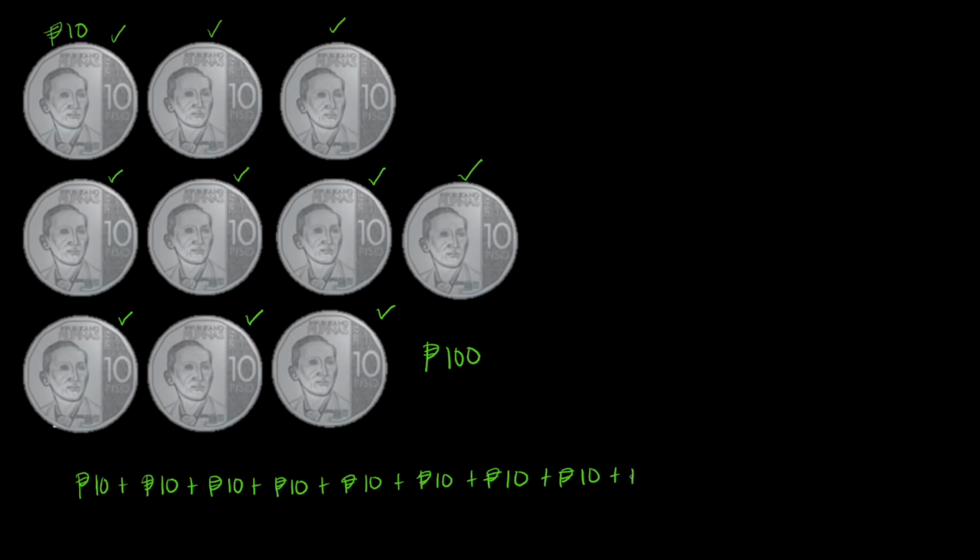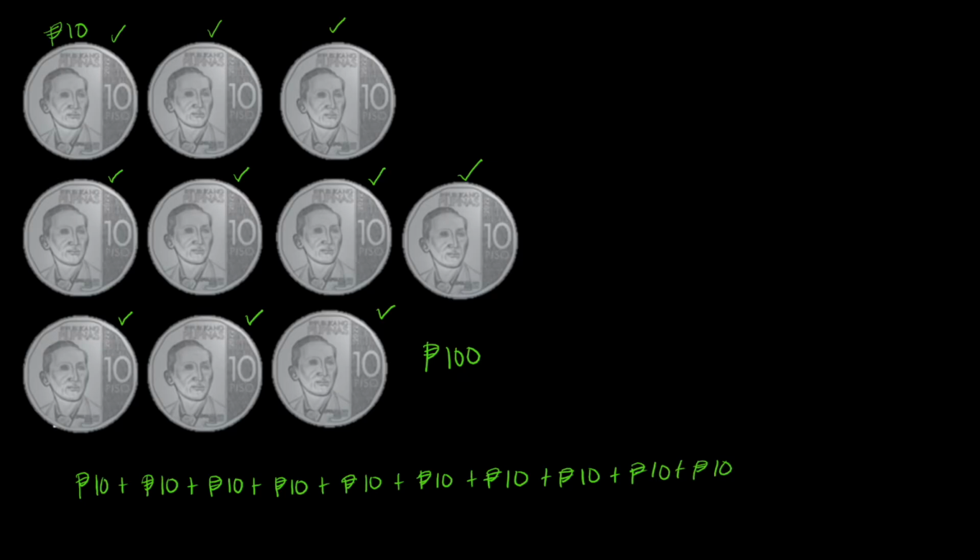We have 100 pesos. We can also think of it as 10 pesos plus 10 pesos plus 10 pesos plus 10 pesos plus 10 pesos plus 10 pesos plus 10 pesos plus 10 pesos plus 10 pesos plus 10 pesos.